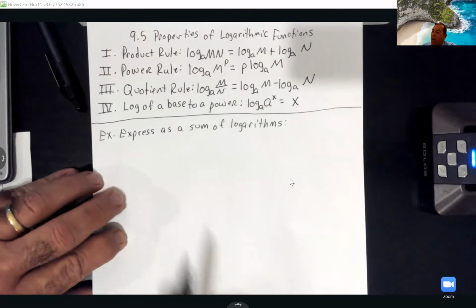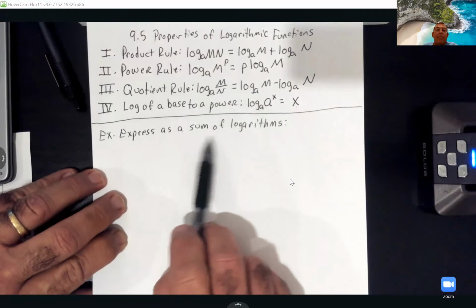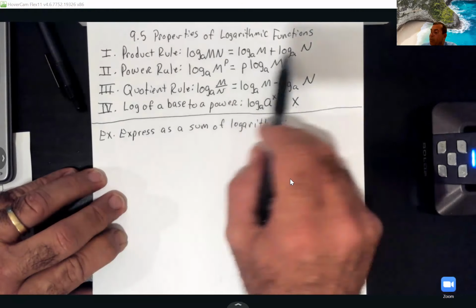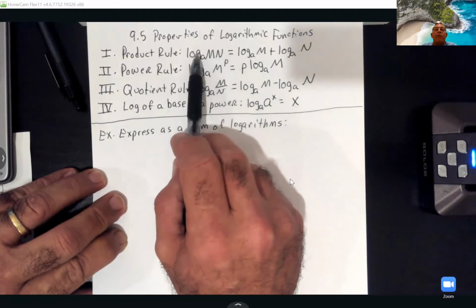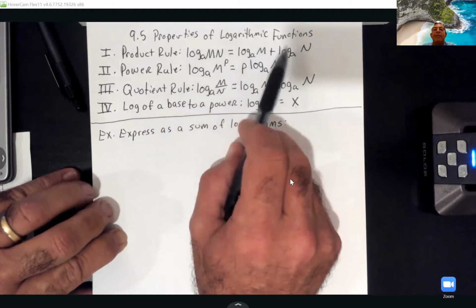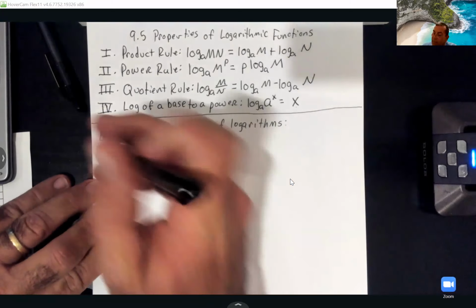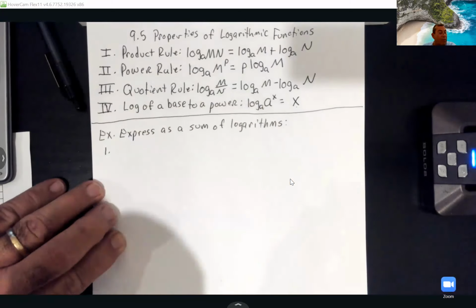Now notice, the only property that has anything about sum of logarithms is this product rule. So they're going to give us a product and we're going to rewrite it as a sum of those logs, okay? So that's going to be my first two.